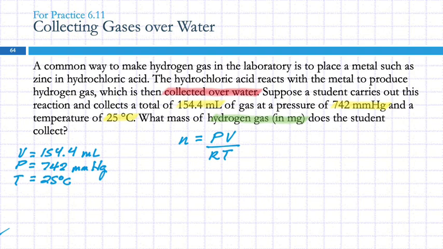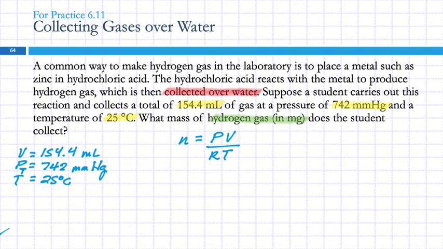The previous problem, they told us what the vapor pressure of water was and said it was a mixture of acetylene and water vapor. This one doesn't mention the water except for collected over water. Anytime you have a gas collected over water, you need to find the partial pressure of water and subtract it from the total pressure.